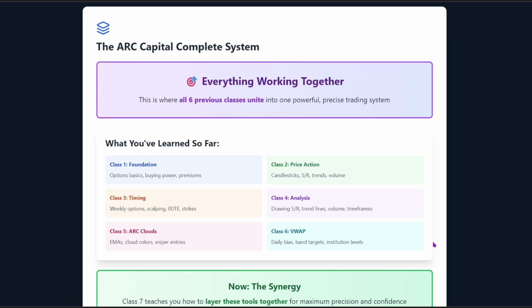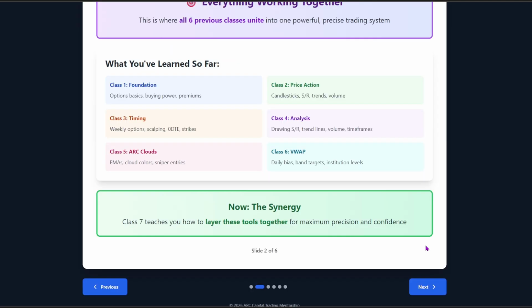Class 5, we went over our first indicator, which are the ARK clouds. They use the EMAs to be able to find us our sniper entries. And in the last class, we went over the Vwap bands, which helps us know if buyers or sellers are in control, your targets, and your institutional levels. Now, the synergy. Class 7 teaches you how to layer these tools together for maximum precision and confidence.